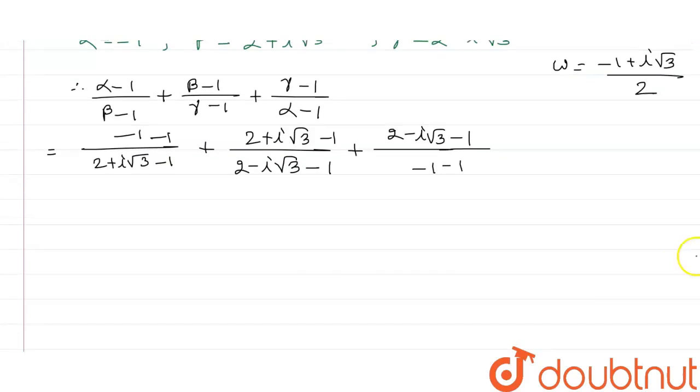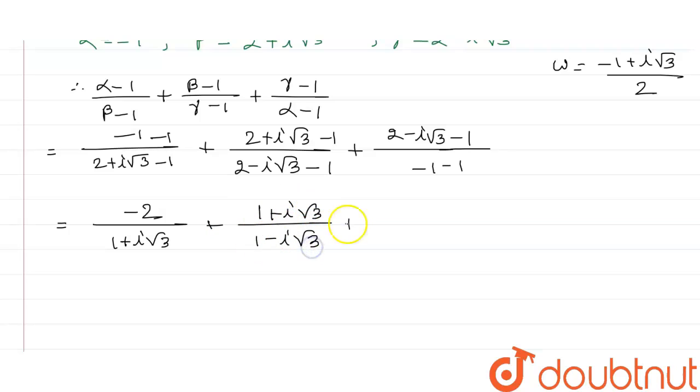Now I solve this. Here is minus 2 by 1 plus i root 3, plus 1 plus i root 3 by 1 minus i root 3, plus 1 minus i root 3 by minus 2.